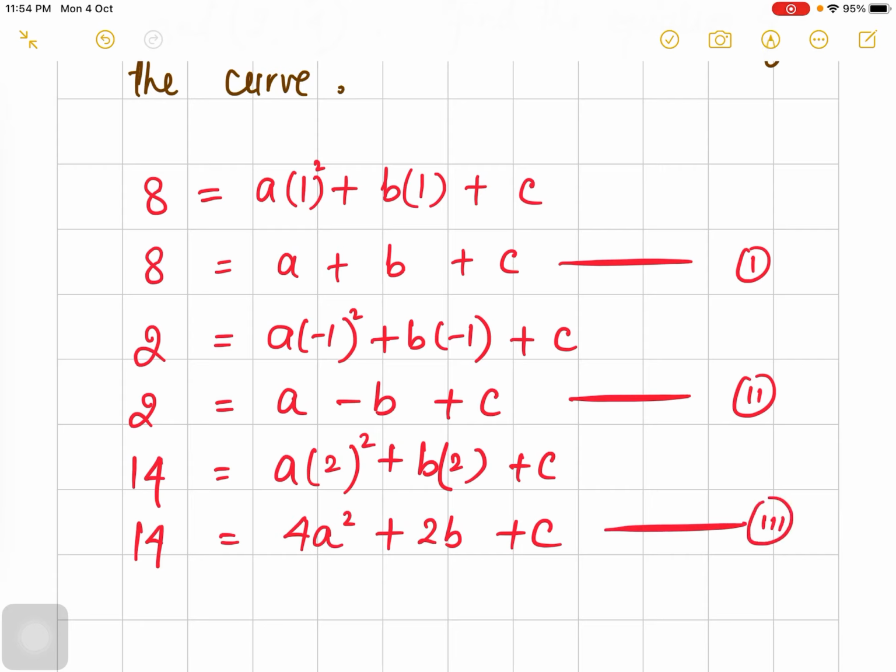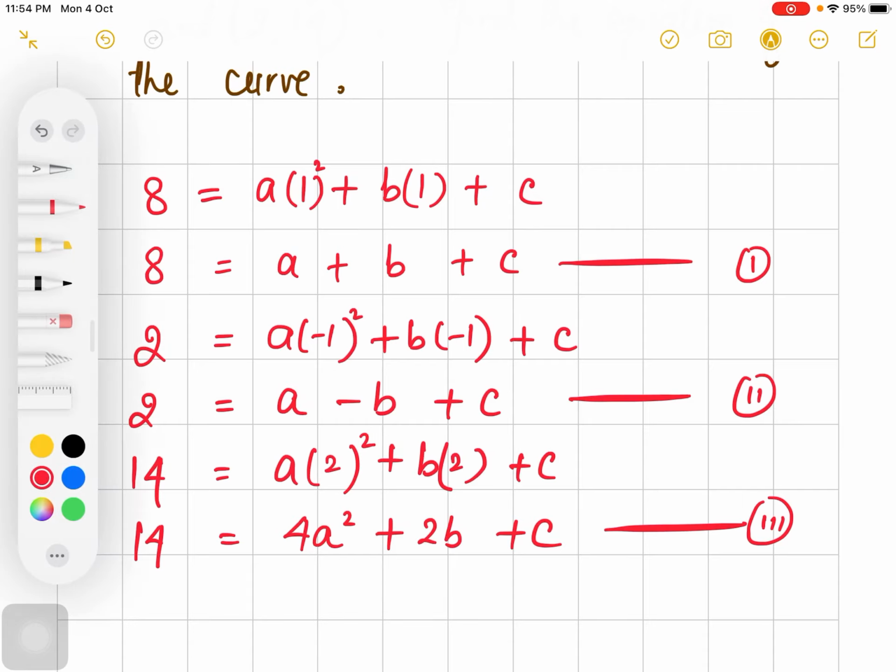Look at equations 1 and 2. If you add them, b will get eliminated. So let's see what we can do.